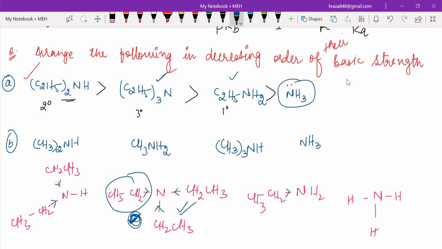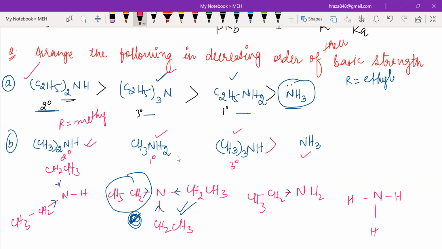In case R is equal to the ethyl group: secondary, tertiary, primary, and then ammonia. Now, in case R is equal to the methyl group, secondary again will beat the primary and tertiary. So this is primary, this is tertiary, this is ammonia.